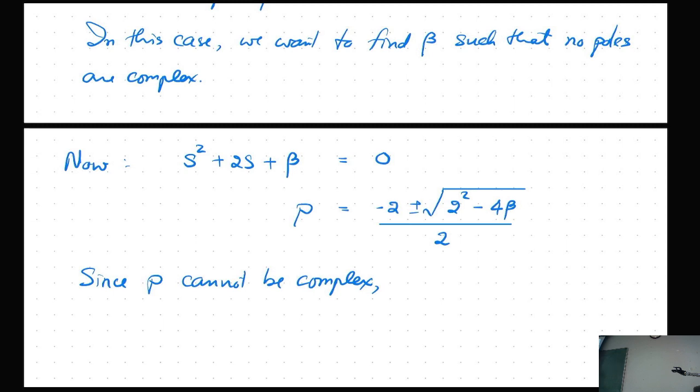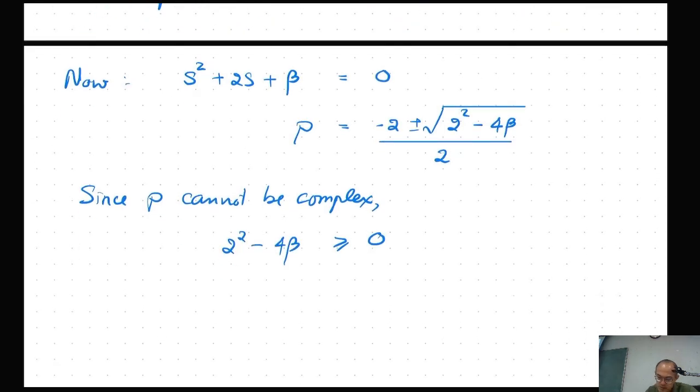If this term is a negative number, then p is a complex number, which we don't want. So, since pole p cannot be complex, 2 squared minus 4 beta has to be greater than or equal to 0. That means beta has to be less than or equal to 1. That's it.